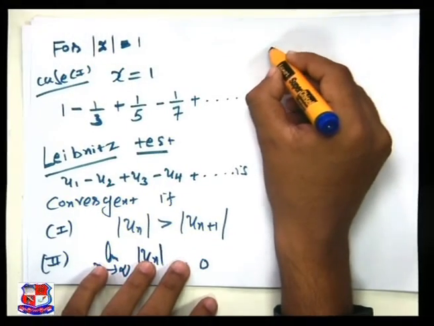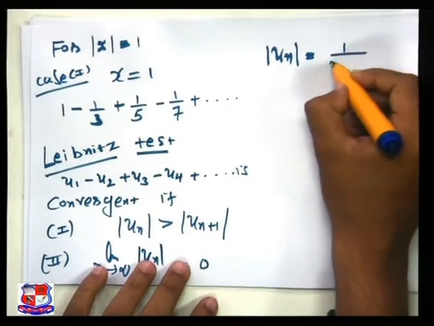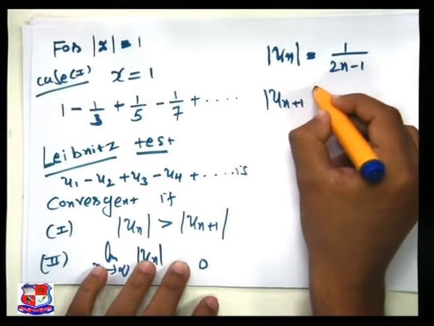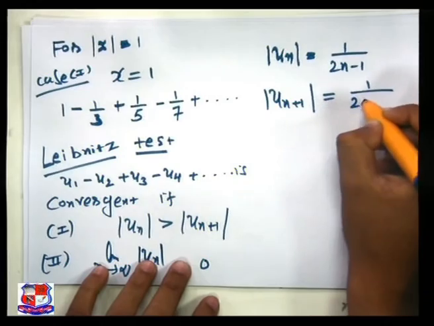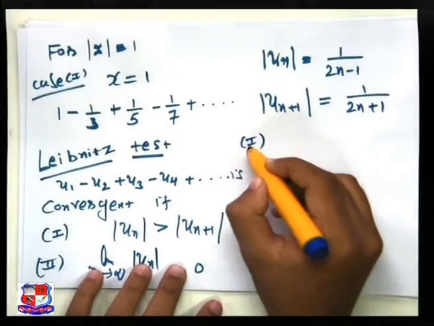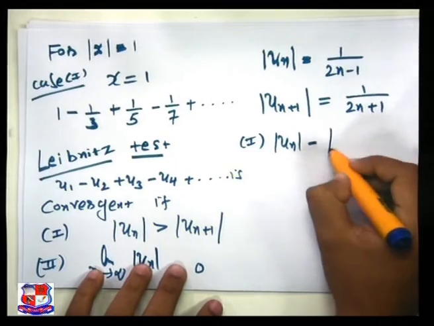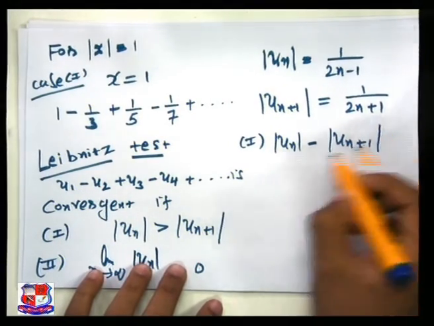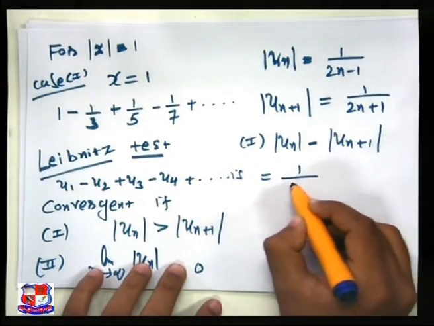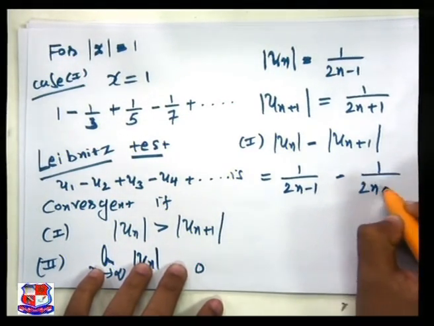For modulus un, in this case 1 upon 2n minus 1, modulus un plus 1, that is 1 upon 2n plus 1. Now first we want to check that modulus un minus modulus un plus 1, so that is equal to 1 upon 2n minus 1 minus 1 upon 2n plus 1.